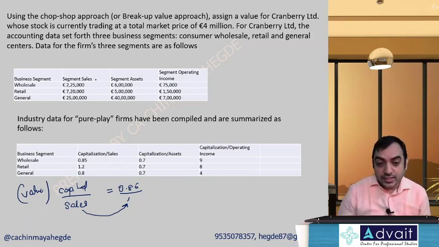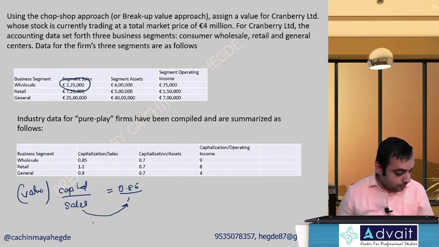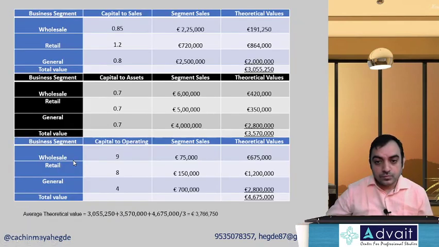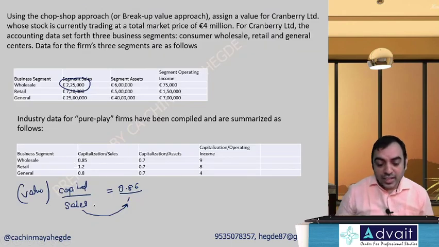Now, in this case, sales is 2,25,000. So, how much is going to be the capital then? Capital to sales is like price to earnings ratio. So, capital to sales 0.85 is to 1. If sales is 2,25,000, what is going to be the capital?